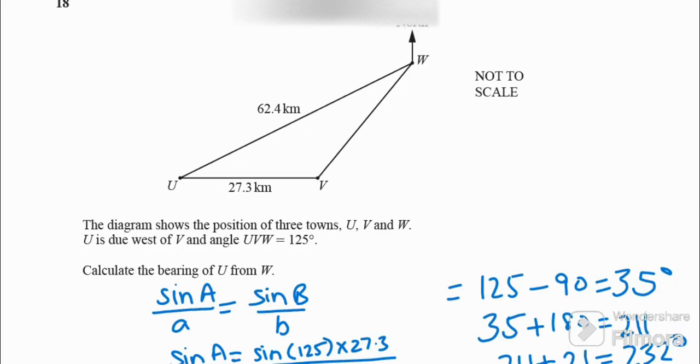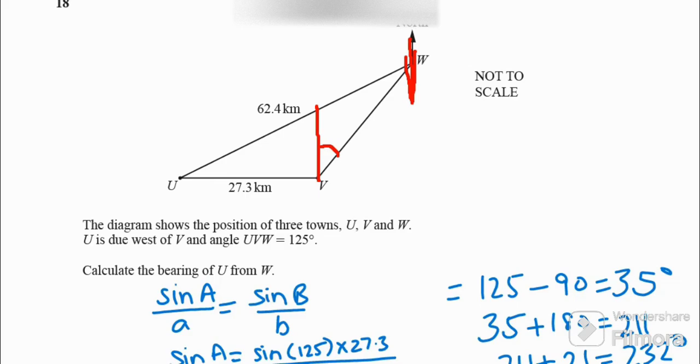So how did we do this? First we have the bearing of UVW. Over here we first subtracted 90 degrees. To calculate this angle, we have to calculate first this angle. Now we have calculated this angle, we will add it to 180.